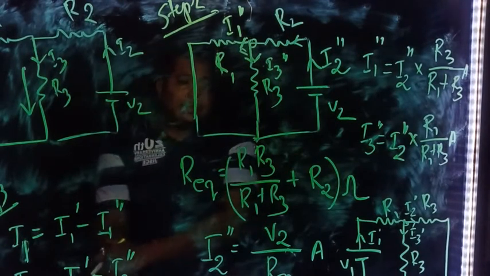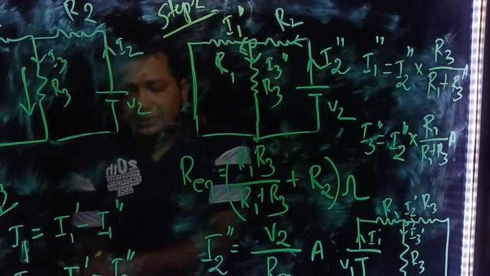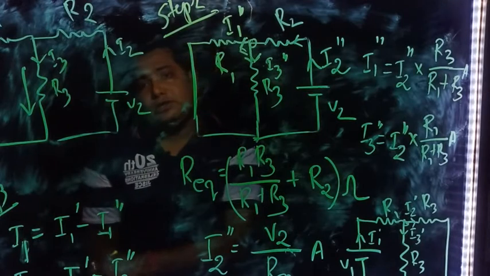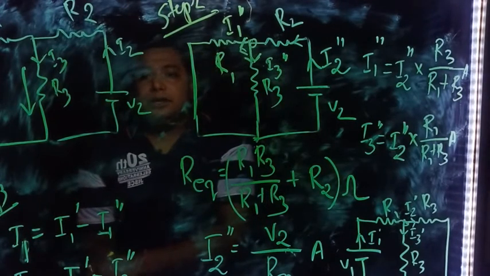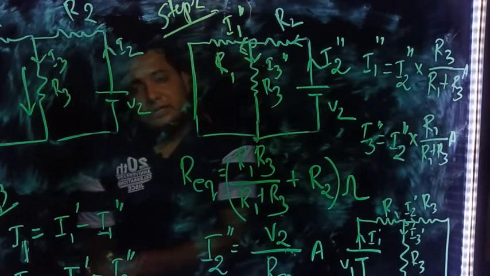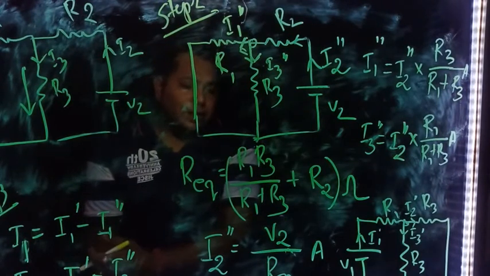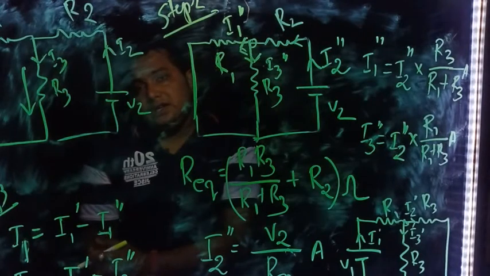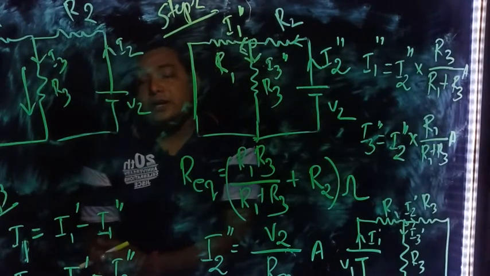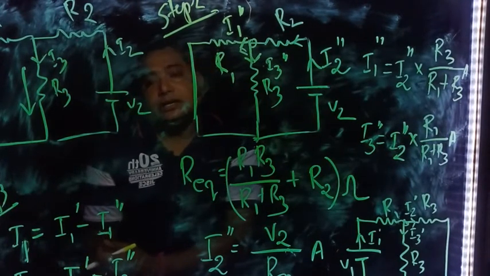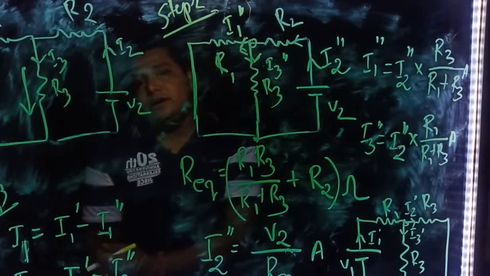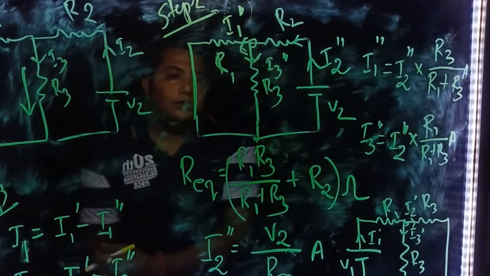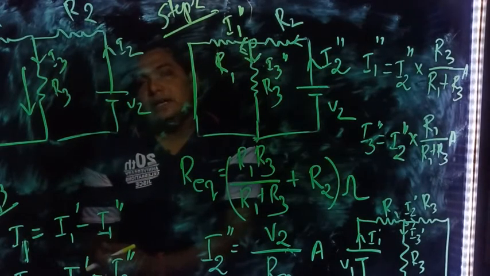Now the limitation. The superposition theorem cannot be applied for power calculation, because power is not a first order function. The superposition theorem is a linear theorem, so we cannot find non-linear functions, that is, second order functions.